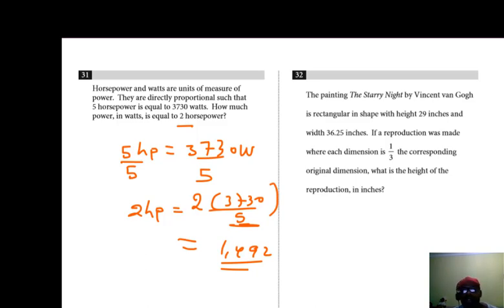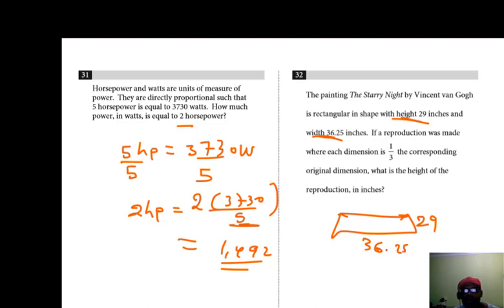The second one: the painting The Starry Night by Vincent van Gogh is rectangular in shape. The height is 29 and the width is 36.25.